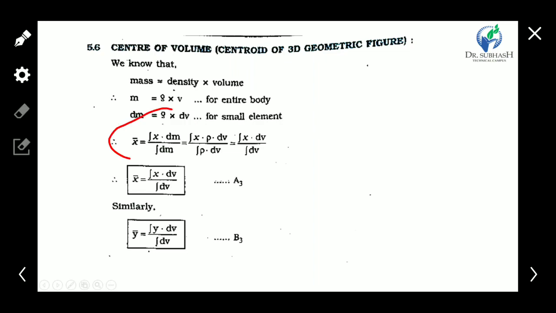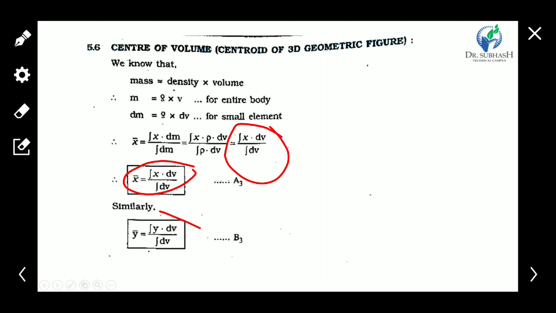So here this is the equation for a center of mass. Put the value of dm in this equation, rho into dv instead of dm. So rho cancels, and the remaining equation is x bar is equal to integration x into dv upon integration dv.